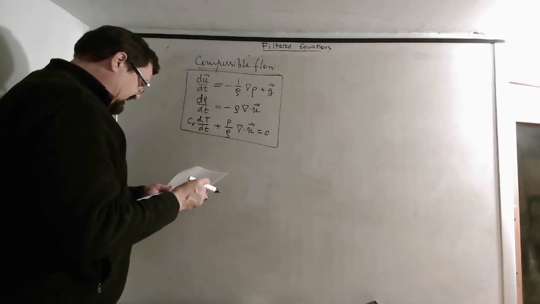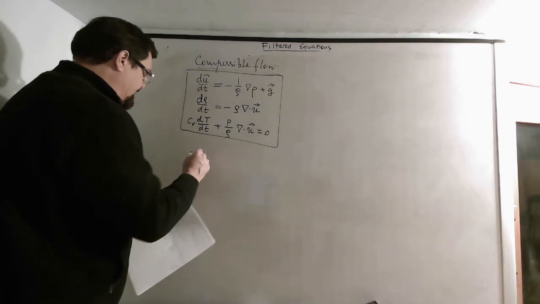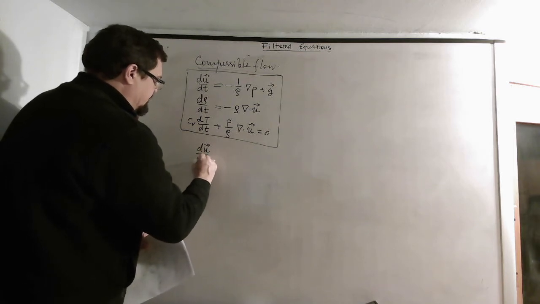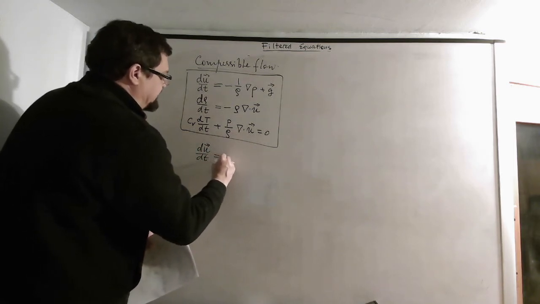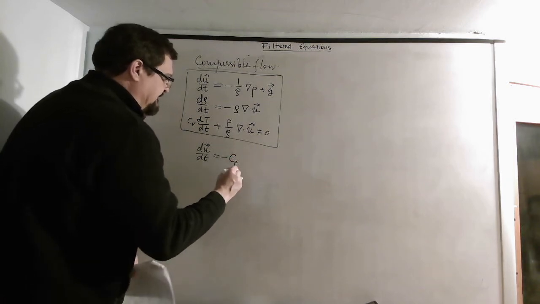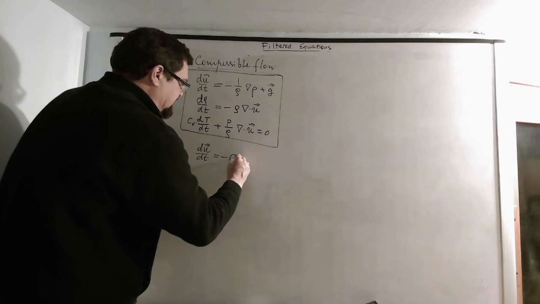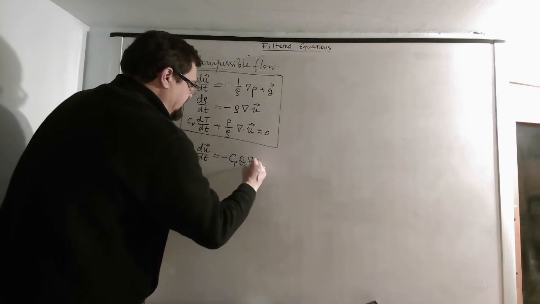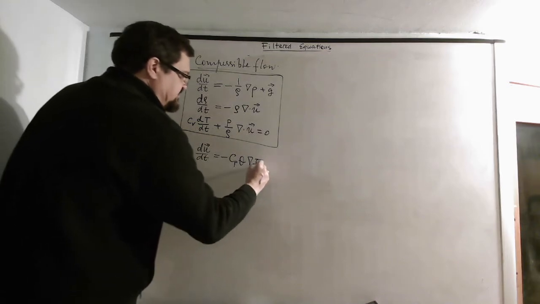So basically it has the following form: du dt equals minus cp theta gradient of pi, the Exner function, plus g.